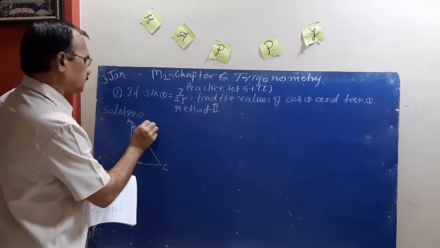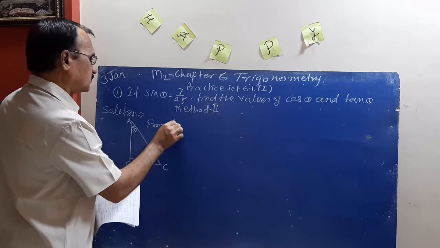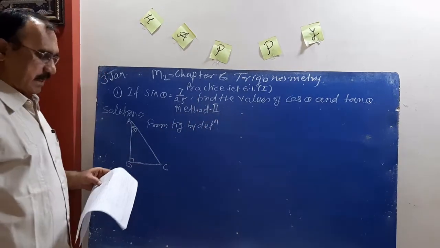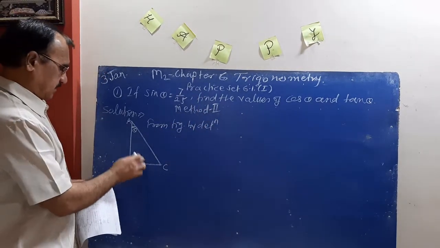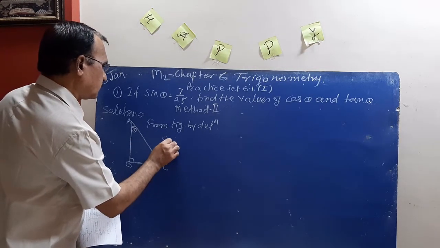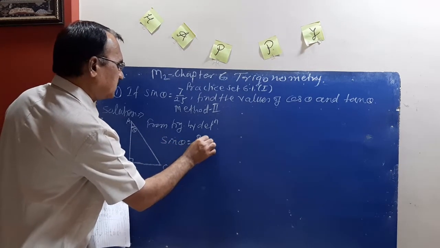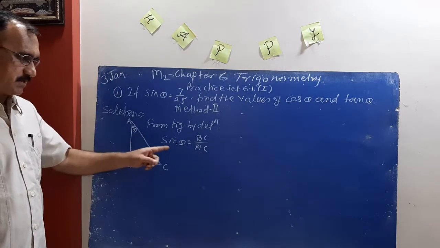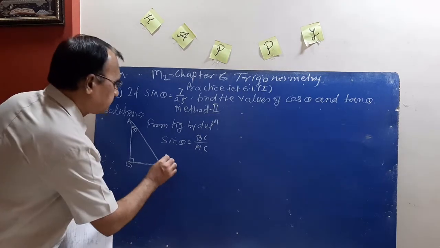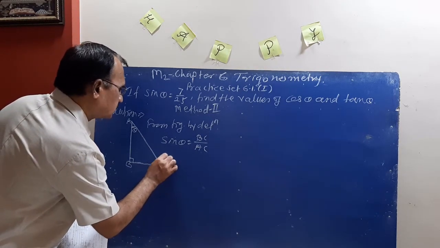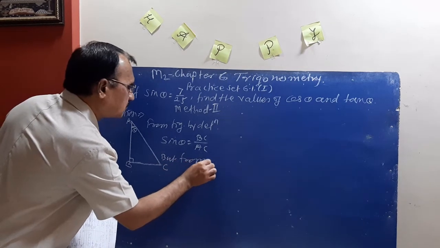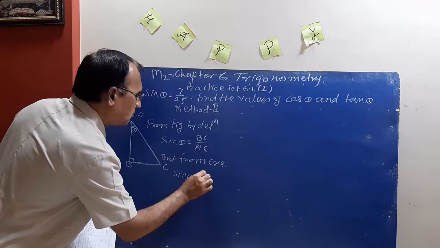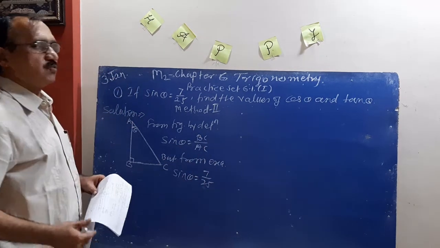From the figure, by definition of sin theta, sin theta is equal to opposite upon hypotenuse, that is BC upon AC. But from the example, sin theta is equal to 7 upon 25.